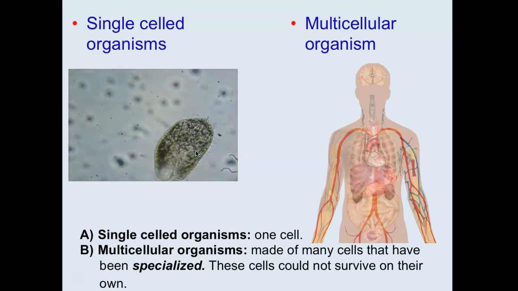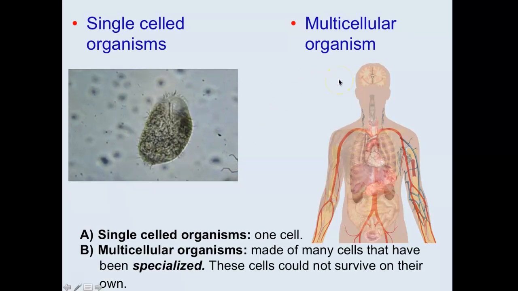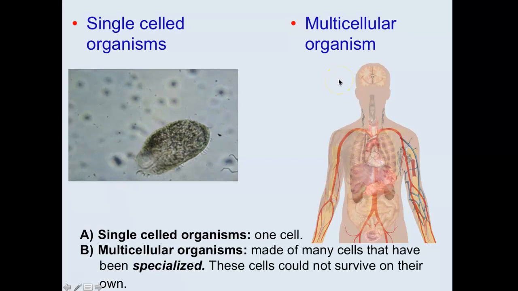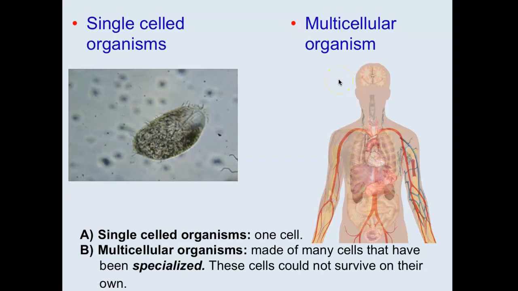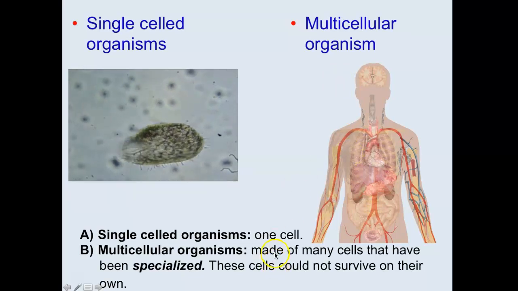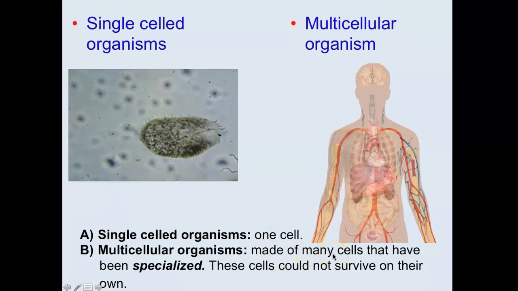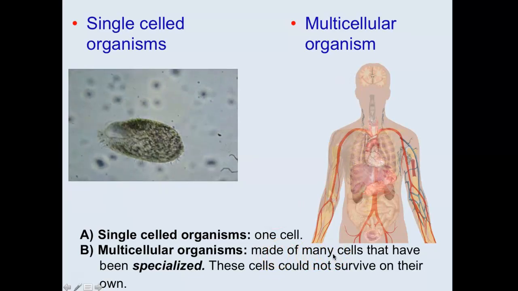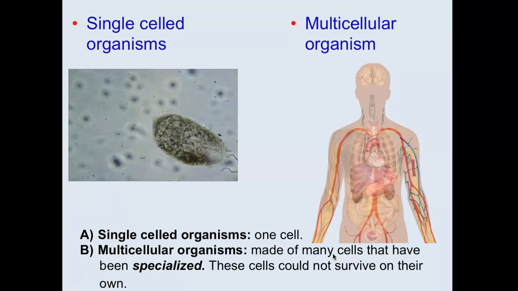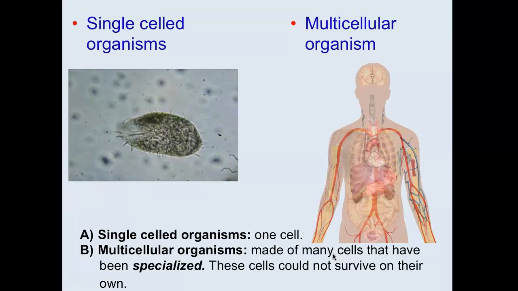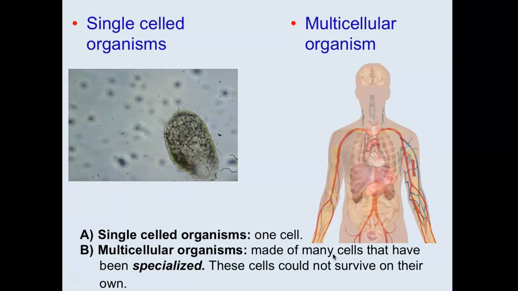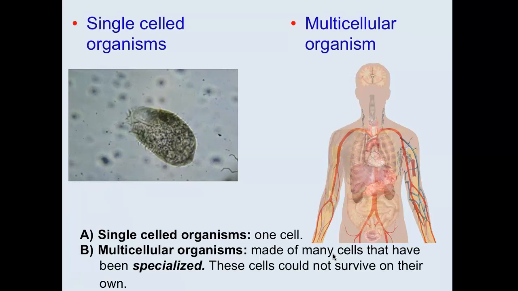On the other hand, if you look at something like our body, the multicellular organism, our cells have become specialized, right? So our bodies are made of many cells. And by many, for us, it's like trillions, right? So a lot. But our cells have specialized. So they're different from each other, and they only have one very specific job.